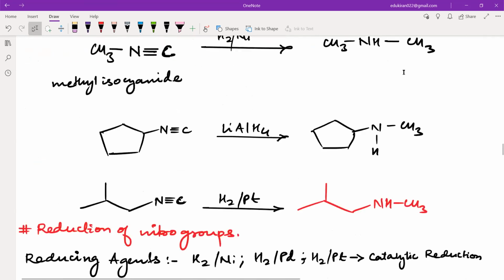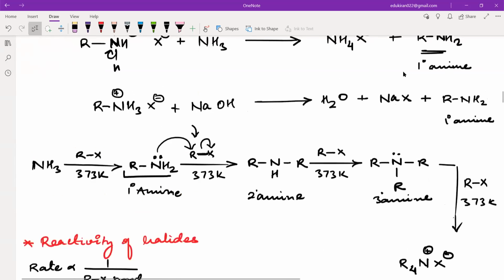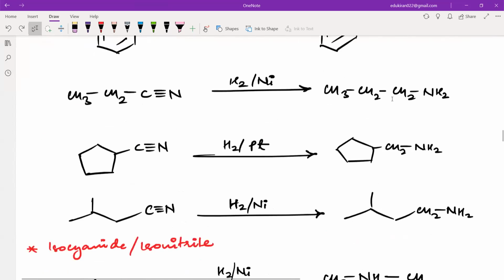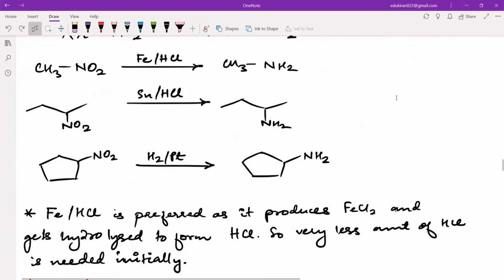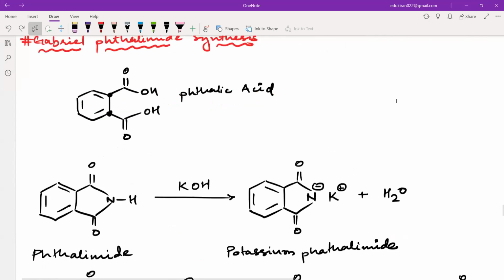In that we took R group. So RNH2, now this is RX. So any alkyl halide may be there, CH3X or any C2H5X. So you can add any alkyl group on the nitrogen atom by just reacting it with alkyl halide. Okay. So we are done with 2, right?